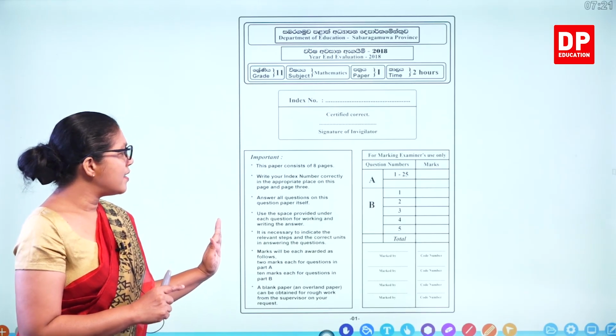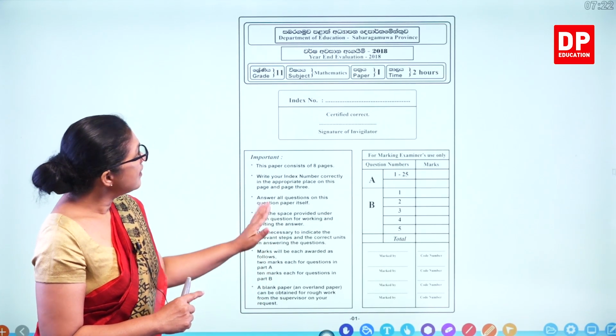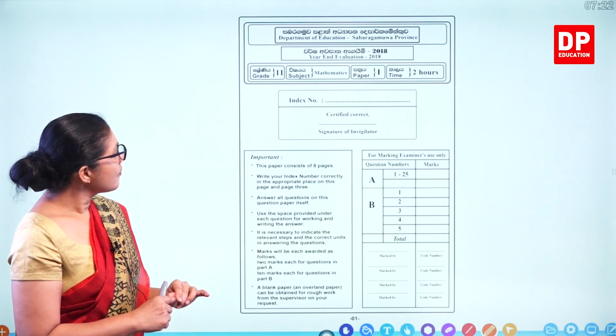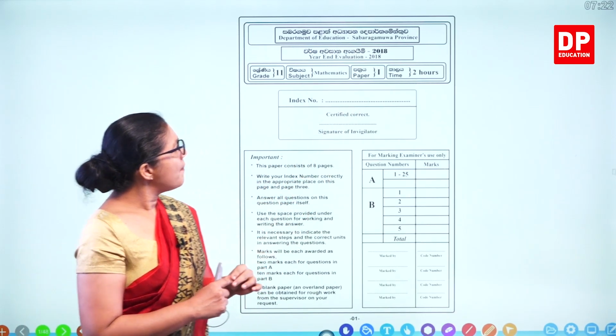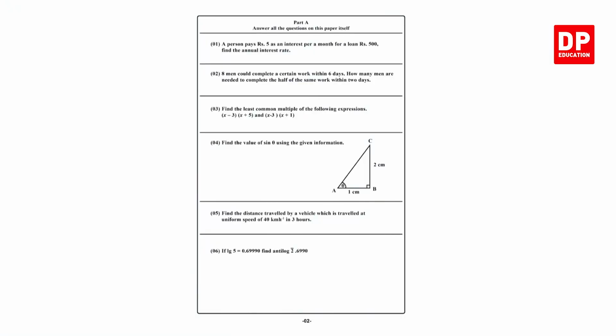And in paper 1 the spaces are provided, so you have to answer in the space given. And here, this is the front page, so you can write your index number and you can start. So, first 6 questions. First, you do it and check my answers.